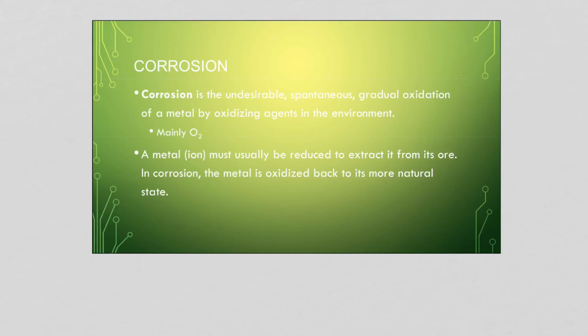Well, corrosion is undesirable, spontaneous redox chemistry. By definition, it's the undesirable, spontaneous oxidation of a metal by oxidizing agents in the environment. So that's the definition of corrosion. In more general terms, it's unwanted spontaneous oxidation.